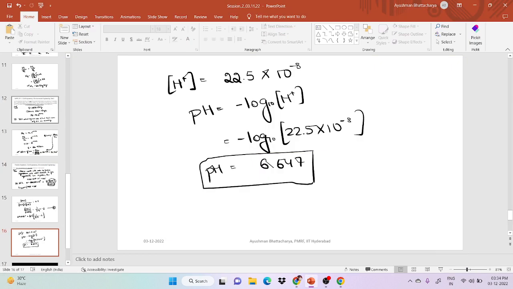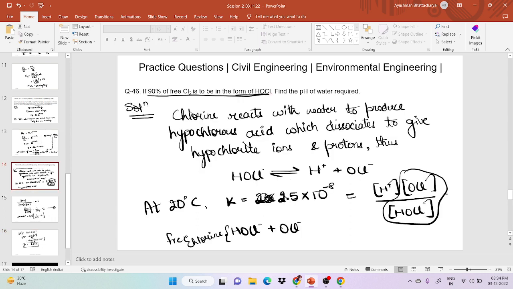Okay. This question asks: if 90% of free Cl2 is to be in the form of HOCl, find the pH of the water required. Whenever a question comes in this form, always remember this equation: HOCl dissociates into H plus and OCl minus, and at 20 degrees Celsius the dissociation constant K is 2.5 into 10 to the minus 8, which is equal to the product multiplication of the products divided by the reactant.